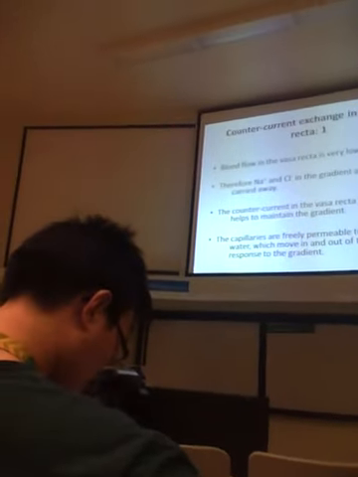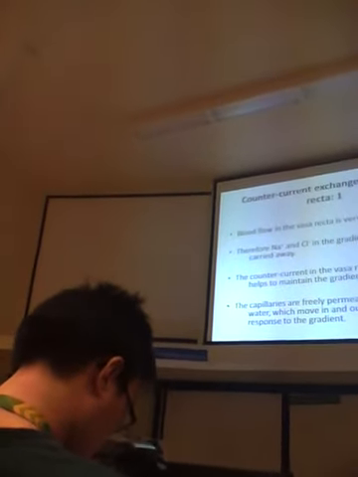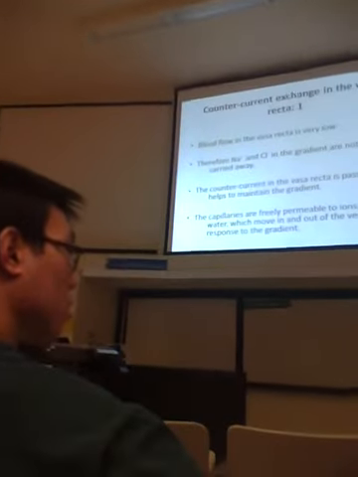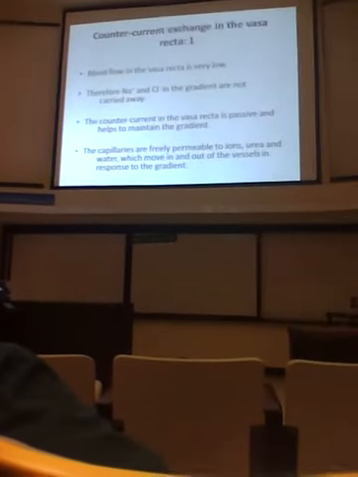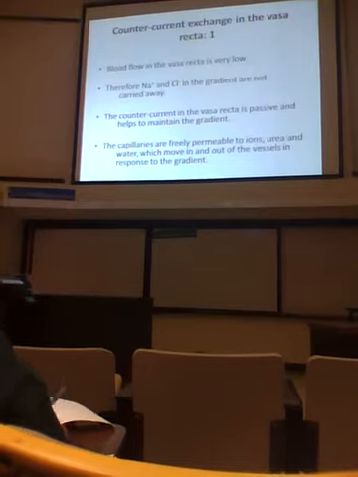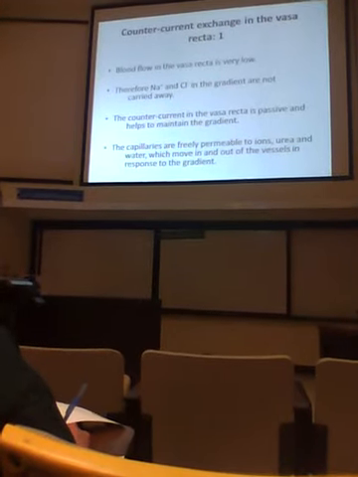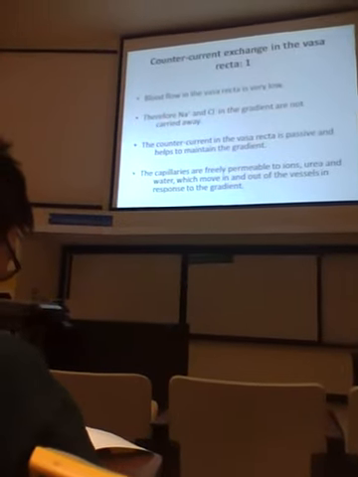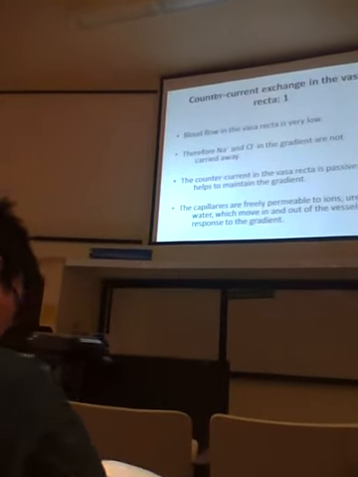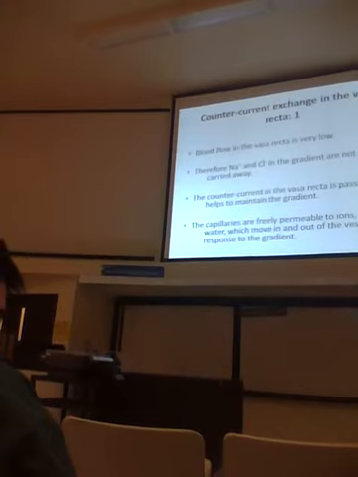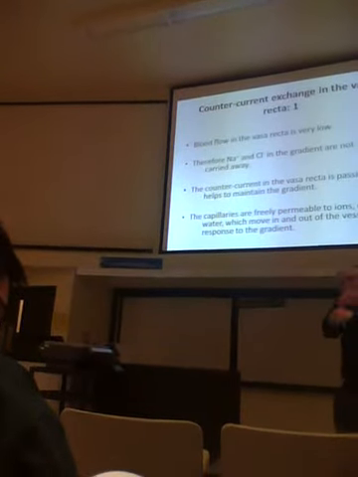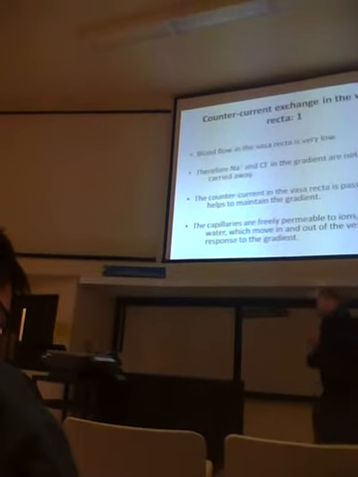The blood flow is very low, so you're not washing out lots of sodium chloride. You want to keep sodium chloride in the gradient. So the blood flow is low in those blood vessels, so you're not washing out and carrying away lots of sodium chloride. There's also a countercurrent mechanism going on in the vasa recta.